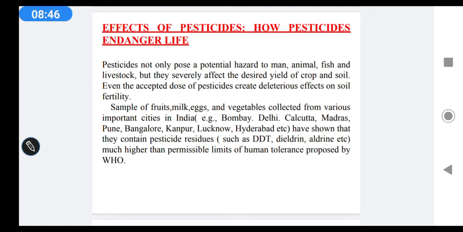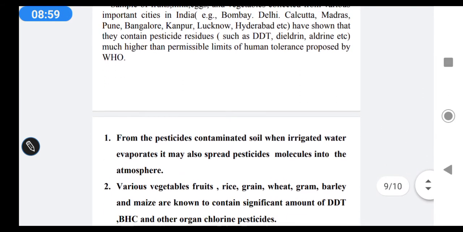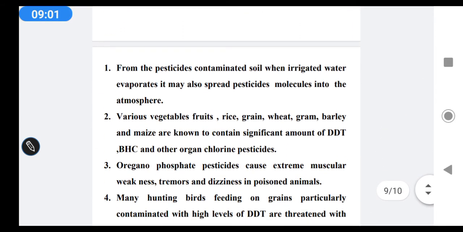People nowadays are using a lot of pesticides for more production, but it is very harmful, especially to vegetables and the crops you are cultivating. You can see that from pesticide-contaminated soil, when irrigated water evaporates, it may also spread pesticide molecules into the atmosphere.